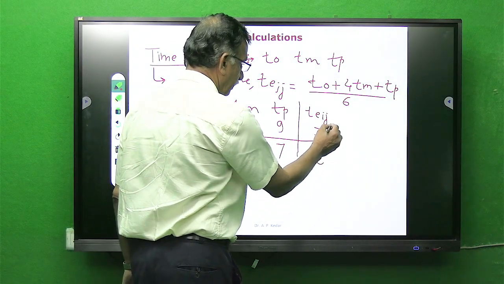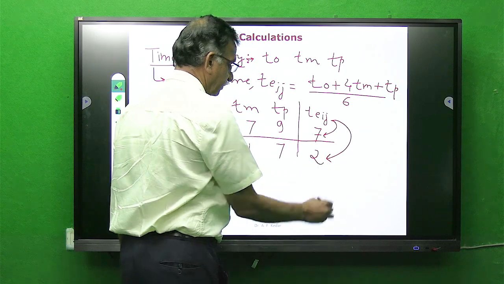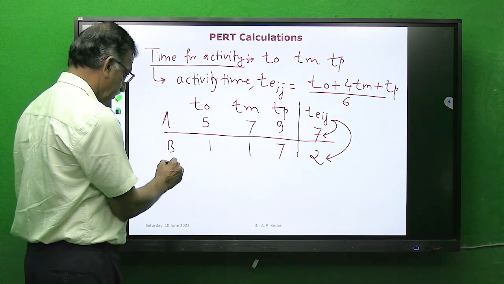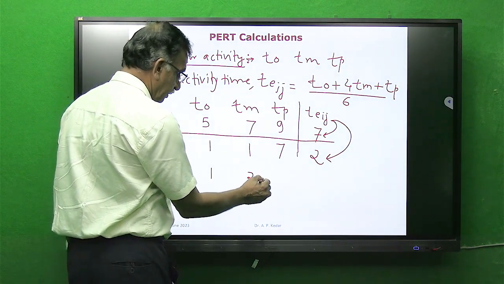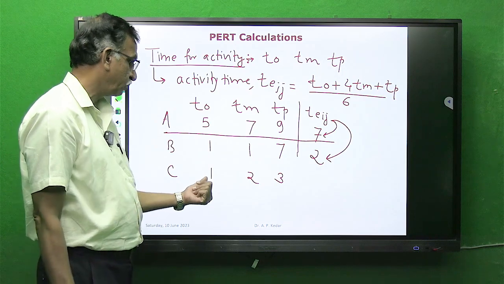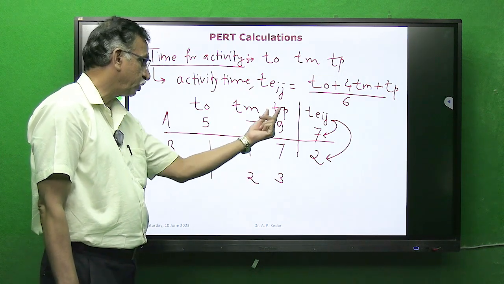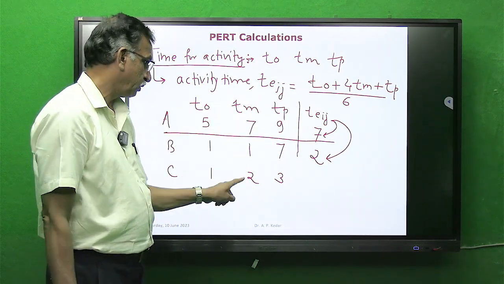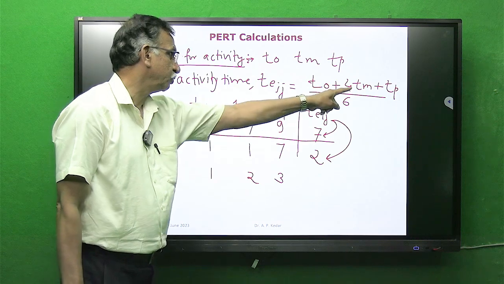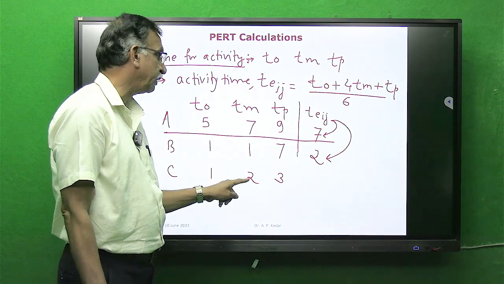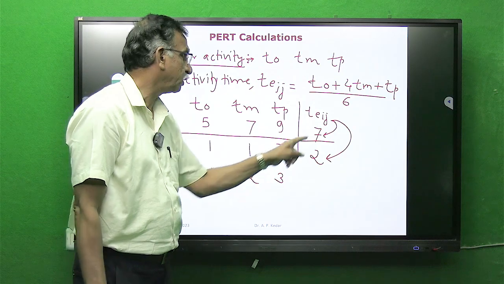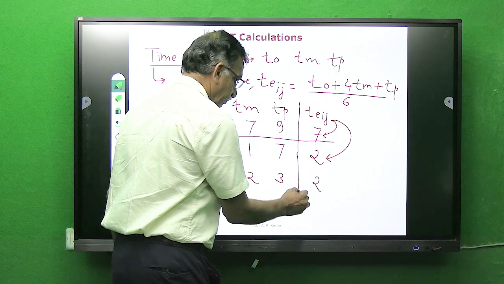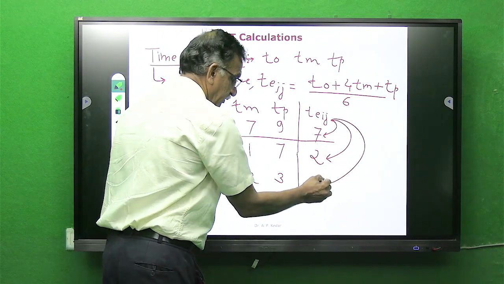So here the value of TEIJ is 2. Again one example, if it is given like this: TO 1, TM 2, TP 3. Again I have to calculate TEIJ by the logic. So 1, 4 times 2, 8, 8 plus 1, 9, 9 plus 3, 12. 12 by 6, it will yield 2. So again TEIJ is 2.